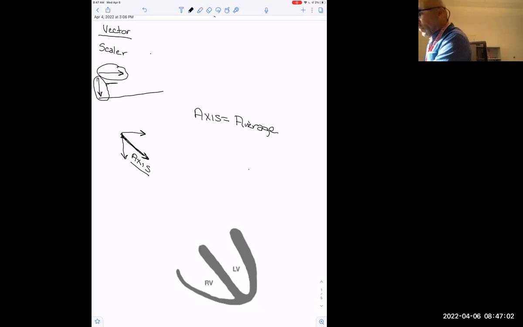The average. And again, the average movement of forces, the general direction of forces in the normal heart, is moving downward and to the left. That is our axis. That is our vector, downward and to the left. Okay.